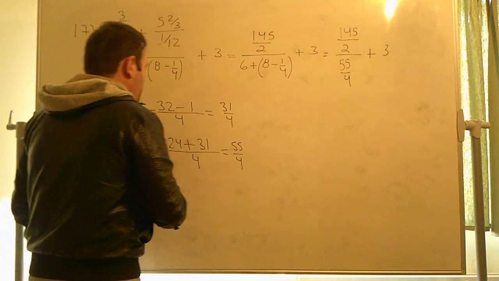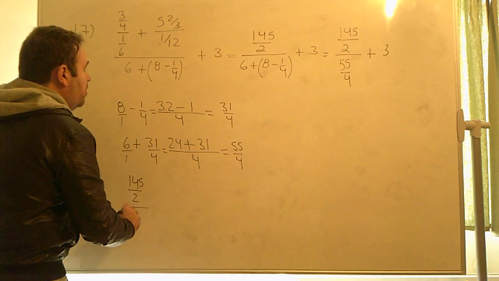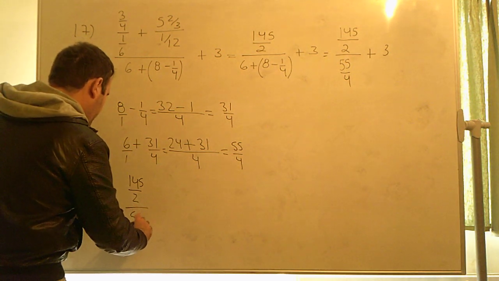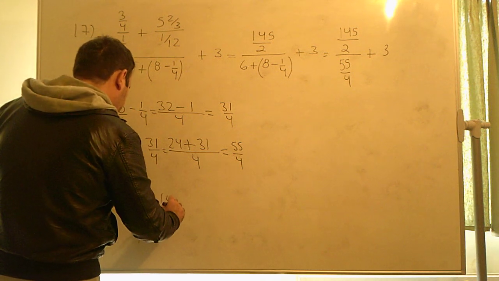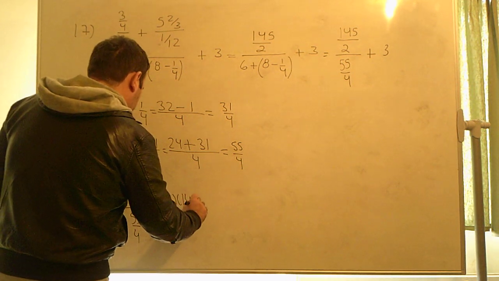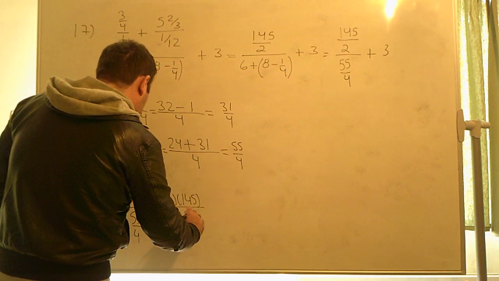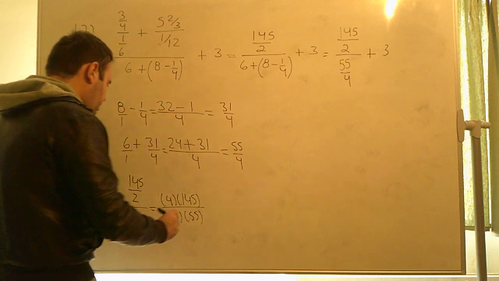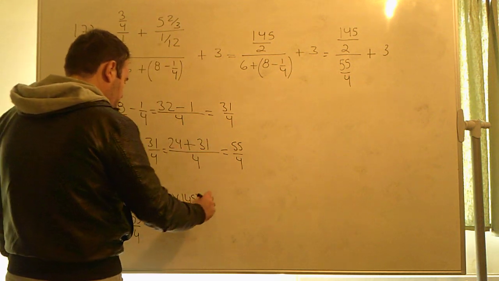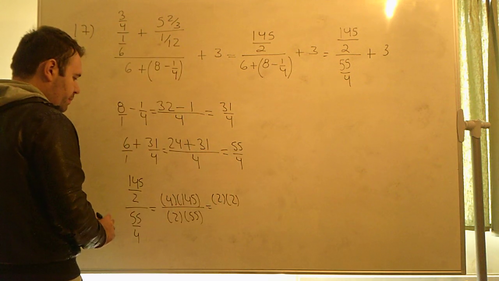So 145 divided by 2 divided by 55 fourths would be 4 times 145 divided by 2 times 55. Now 4 is equal to 2 times 2.